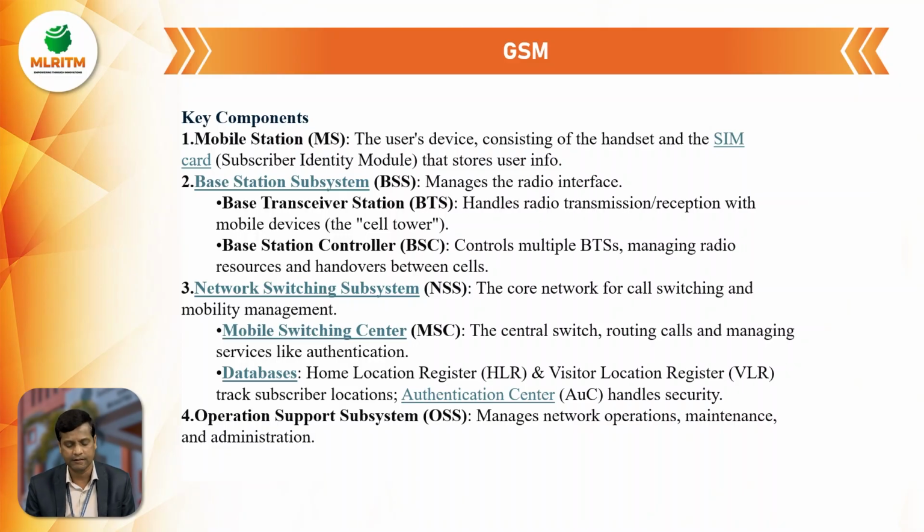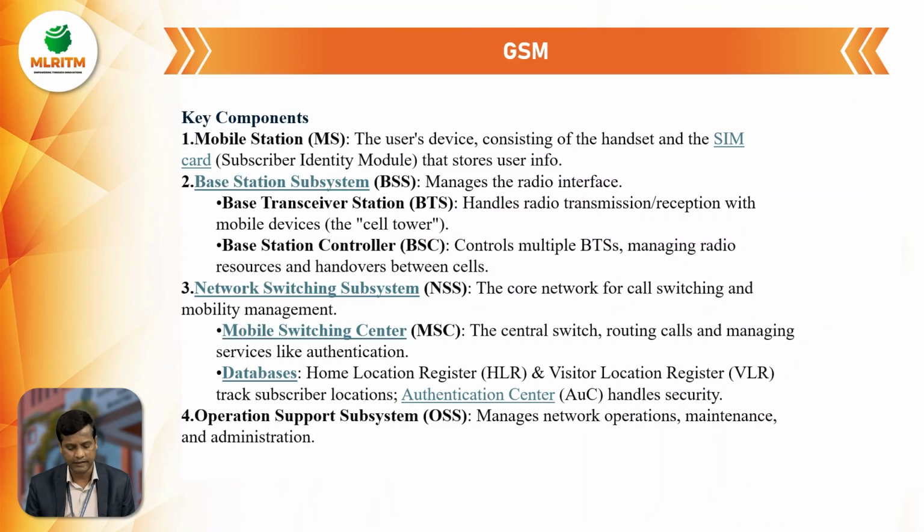The base transceiver station handles radio transmission and reception with the mobile device or cell tower. The base station controller controls multiple BTS, managing radio resources and handovers between cells.